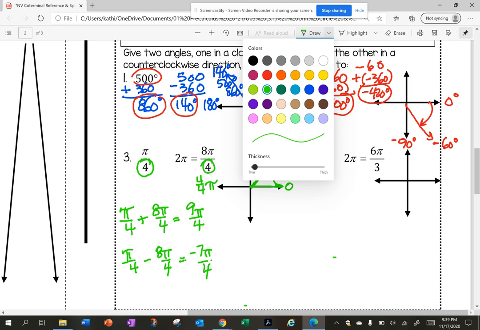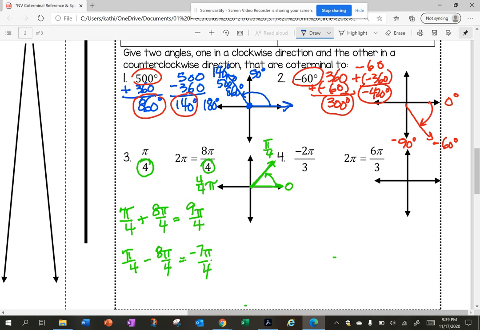Okay, let's do one more with radians. So again, I'm focusing on what's in my denominator. So I want to add twice as many of the denominator, so 6 pi over 3, since I have 3 in the denominator.